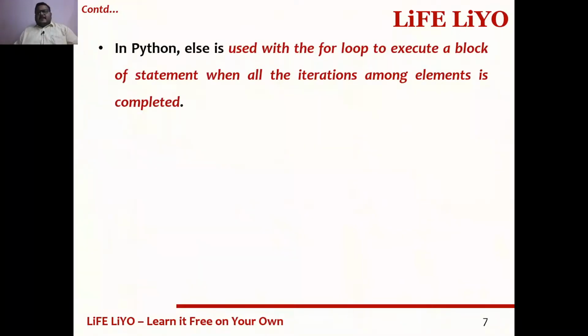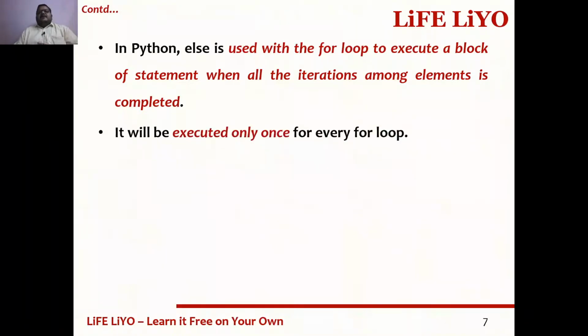Next one. Here in Python, same as with while, else can also be used with the for loop. But when you use else with the for loop, it is going to be executed only once. Because whenever all the iterations are completed in the respective sequence or range, then this else block is going to be executed.